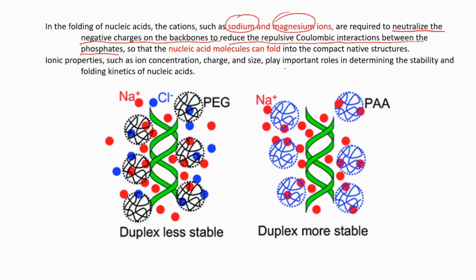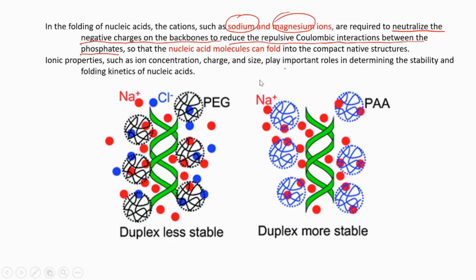So look at these two pictures. In this picture we can see that sodium is present and chlorine is also there. Chlorine is negative. So in that medium, that duplex is less stable. And look at this picture, here negatively charged ions are totally absent. So that duplex is more stable. So the presence of positively charged ions in the external environment is very important to give stability.